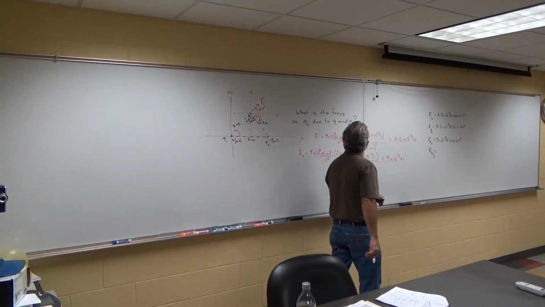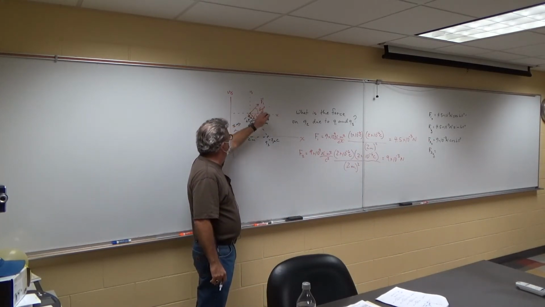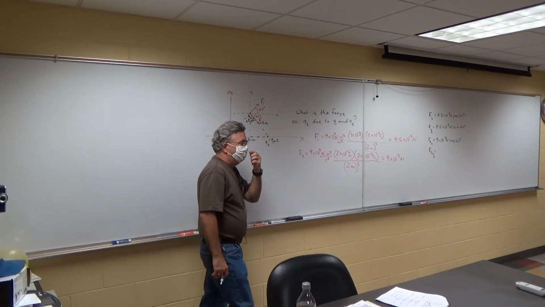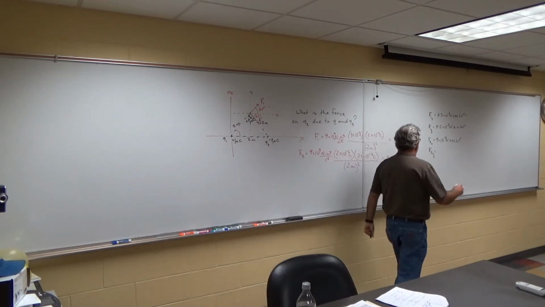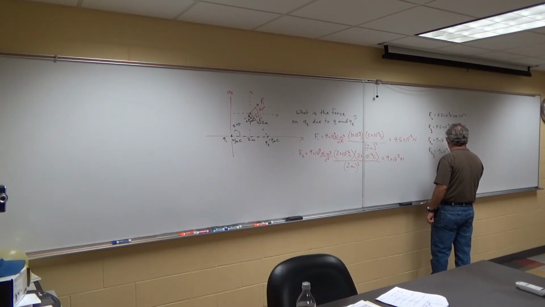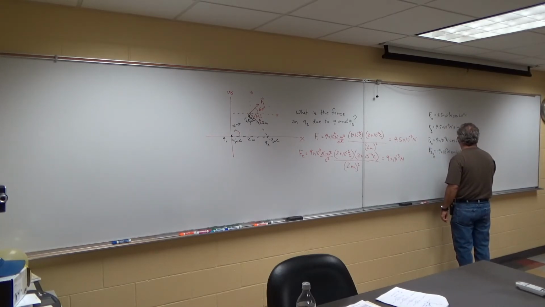F3y, F3 has a y component in the negative y direction. So F3y is negative 9 times 10 to the negative 3 newtons sine 60 degrees. Equals, equals, equals.